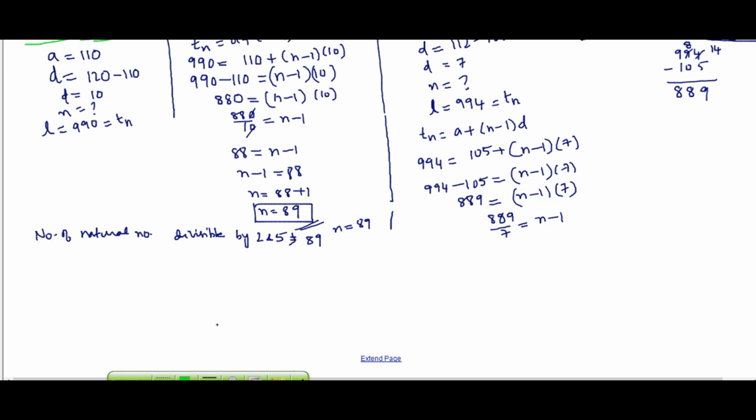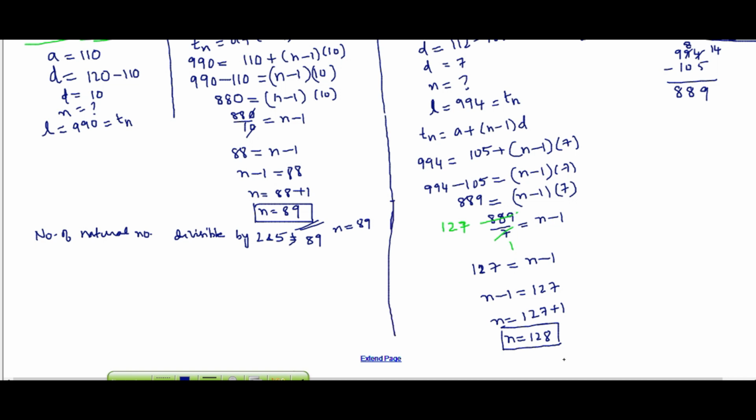So I am changing the color if you want to understand the calculation. 7 ones are 7, 7 twos are 14, and then 49, so 7 sevens are 49. So I write that 127 is equals to n minus 1, or n minus 1 is equals to 127. So n is equals to 127 plus 1. So n is 128. So all you get is the number of terms.